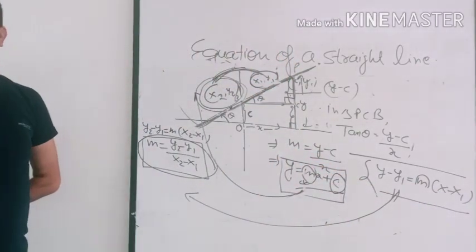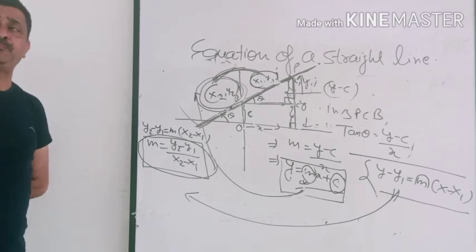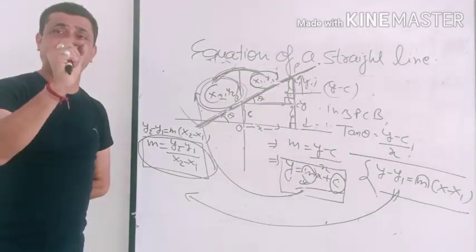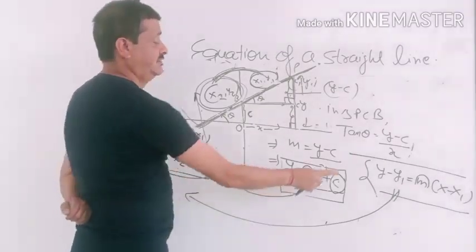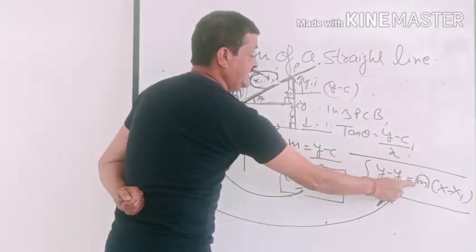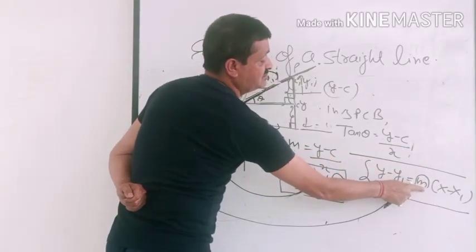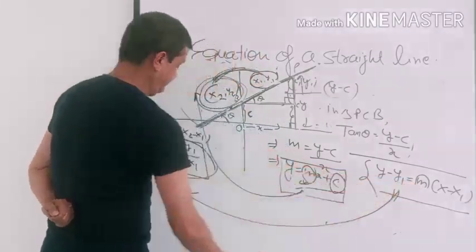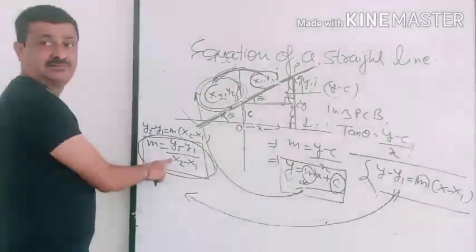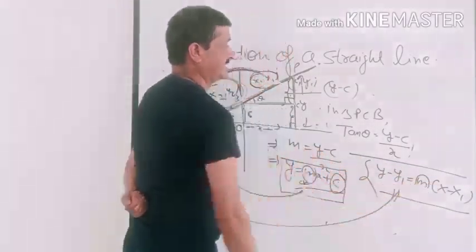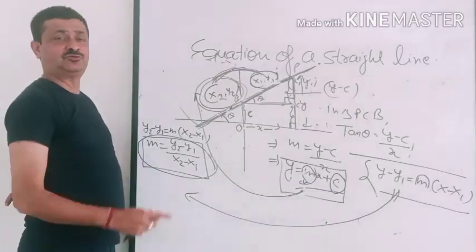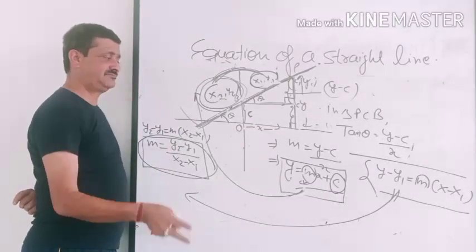This is the third form of a line, the equation of a line that passes through two particular points. Clear?